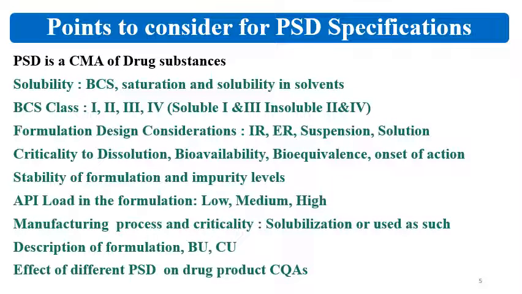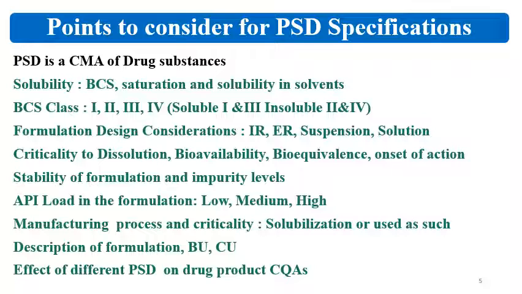BCS class, 4 BCS classes are there. Out of those, BCS class 1 and 3 compounds are highly soluble, while the drugs belonging to BCS class 2 and 4 are insoluble or they are low soluble. So always you should consider the BCS class.